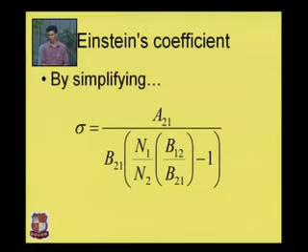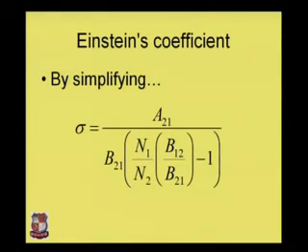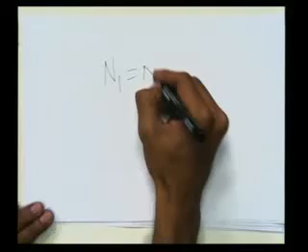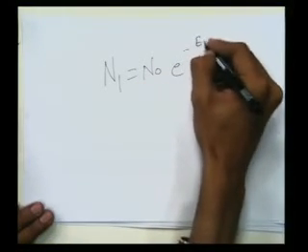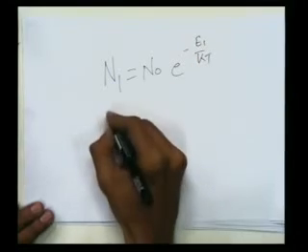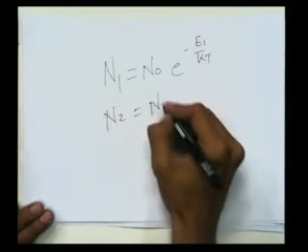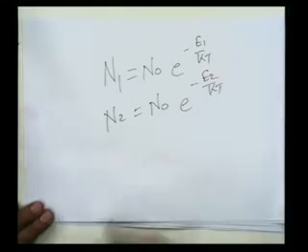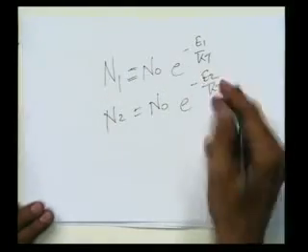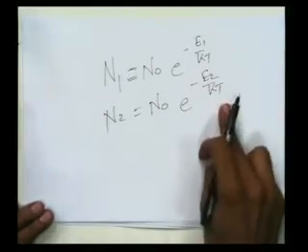Now in population inversion, we have seen that the number of electrons associated with any energy level is given by N1 is equal to N0 e raised to minus E1 by kT, and N2 is equal to N0 e raised to minus E2 by kT. So these are the numbers of electrons associated with the energy levels E1 and E2.